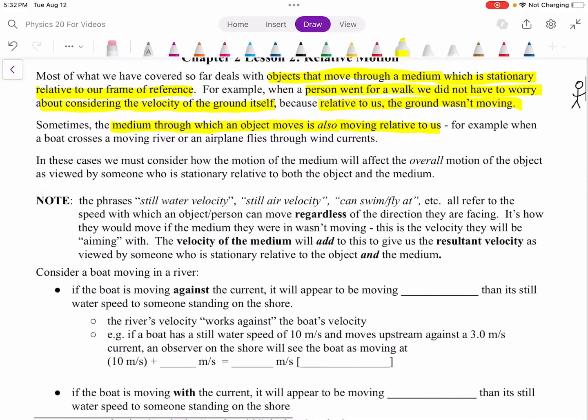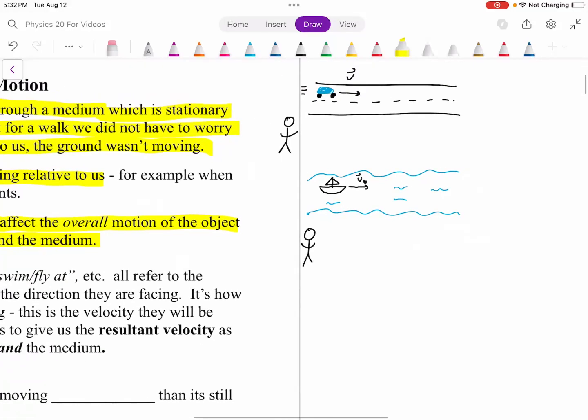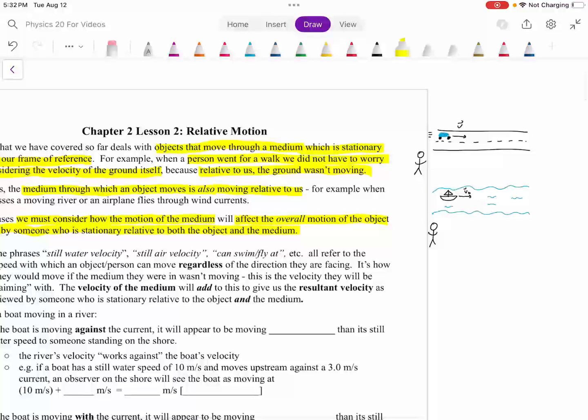So in these cases where we have something moving, but what it's moving through is also moving relative to us, we need to consider how the motion of that medium is going to affect the overall motion of the object as viewed by someone who is stationary relative to both the object and the medium, right? So if this guy here is measuring the velocity of the boat, he has to think about not only how fast the boat is trying to move, but also how fast the river is moving as the boat moves through it, because he is stationary relative to both the river and the boat.